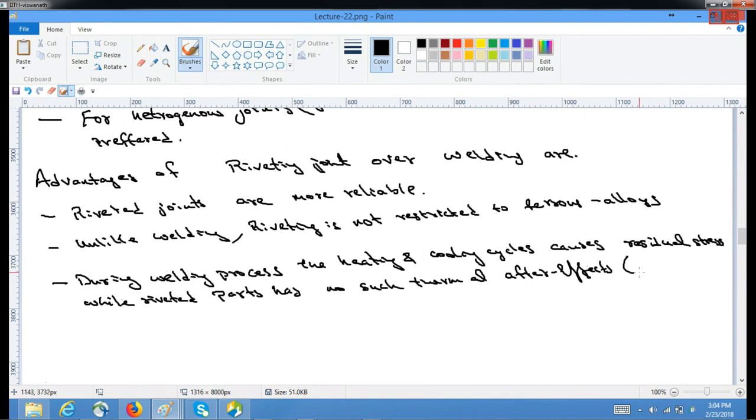When we are saying this is for the cold riveting. For hot riveting, we do have certain stresses as we mentioned earlier, but compared to the welding processes, these are much lower. Thermal effects are much lower in nature.